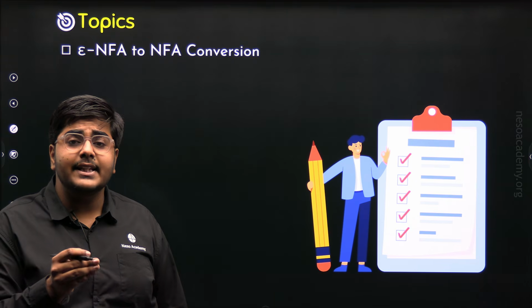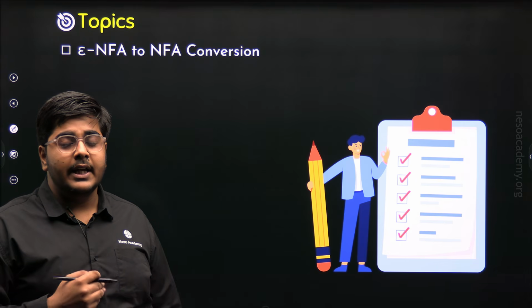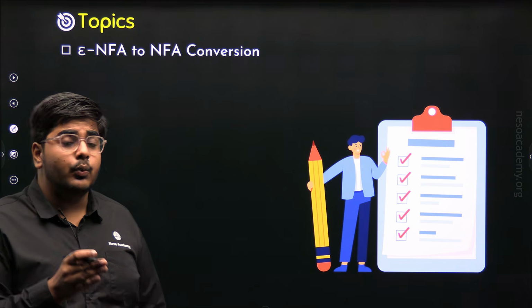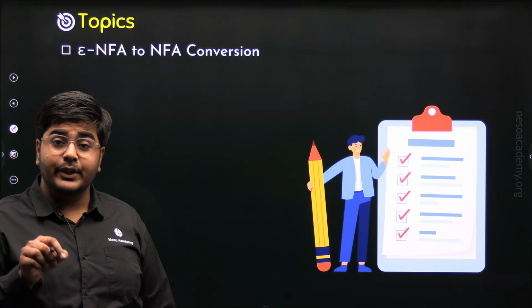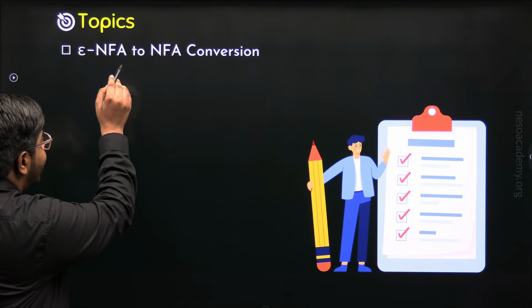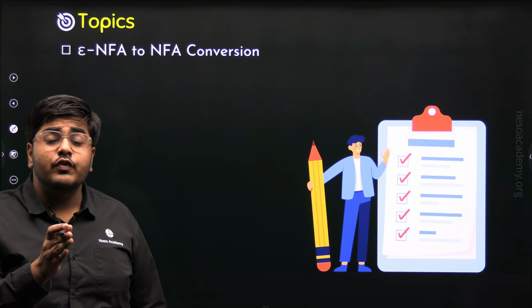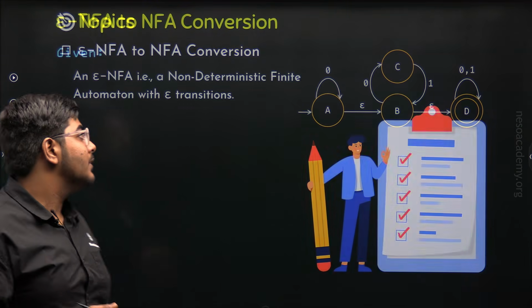And then we can easily convert the NFA into its equivalent DFA. In the previous lectures, I have already explained how to convert an NFA into its equivalent DFA. So in today's lecture, we will understand how to convert an epsilon NFA into its equivalent NFA by removing the epsilon transitions. So let's get started.